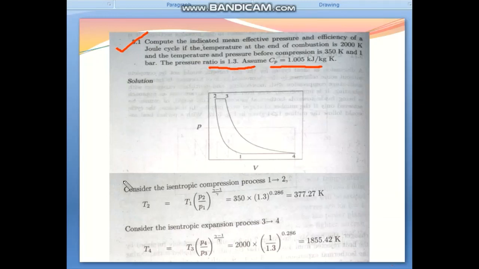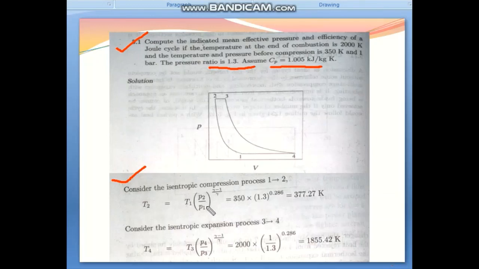So let's consider the isentropic compression process, that is 1 to 2. T2 is equal to T1 into (P2 by P1) to the power of (gamma minus 1) by gamma, where T1 is the inlet temperature and P2 by P1 is the pressure ratio.